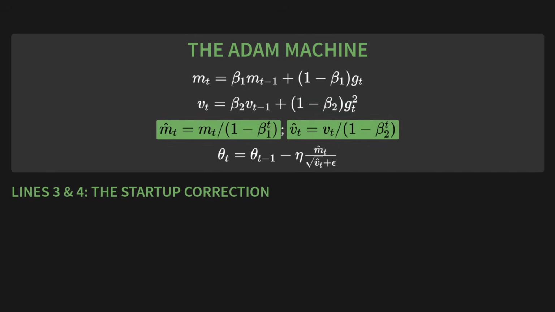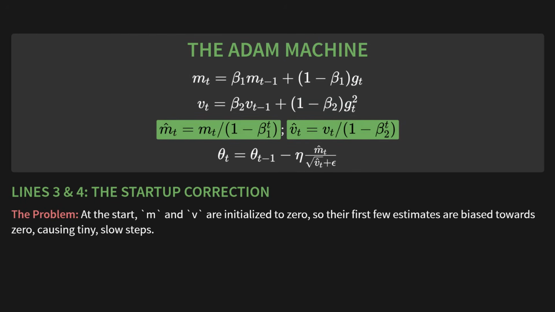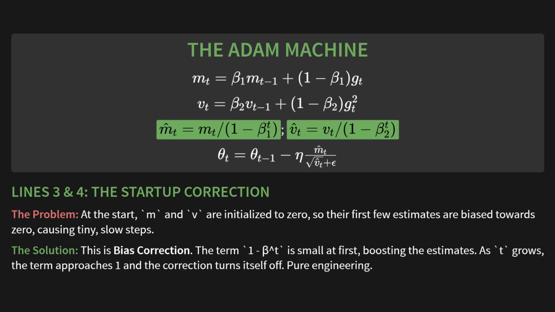Now for lines 3 and 4, the startup correction. So here's the problem. At the very start of training, M and V are initialized to 0. This means their first few estimates are biased towards 0, which causes tiny, slow, inefficient steps at the beginning. The solution? This is bias correction. Look at the formulas.